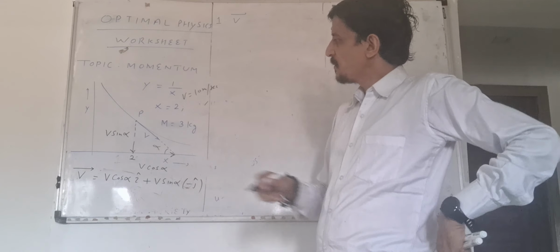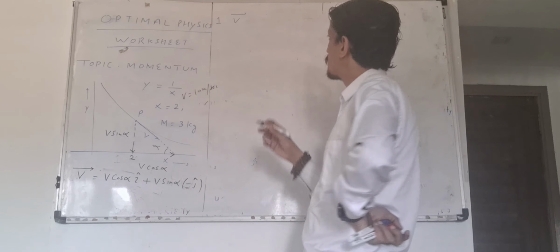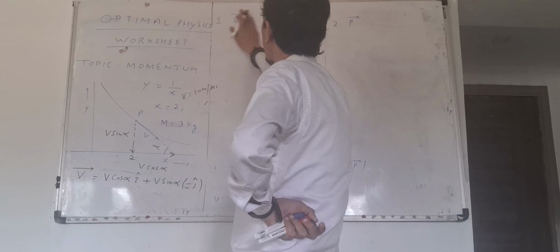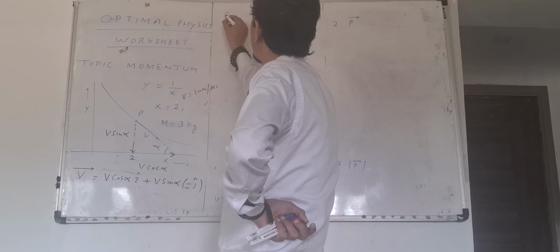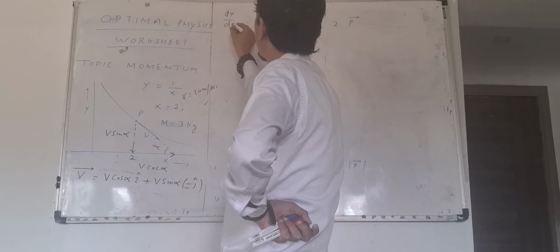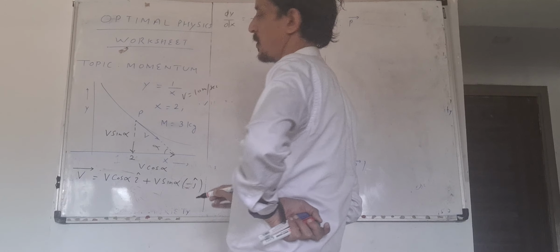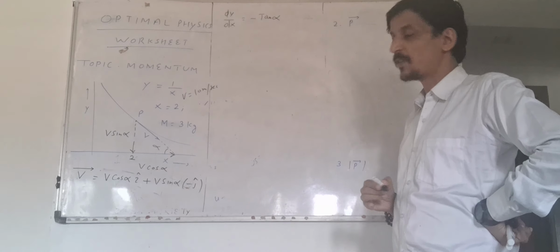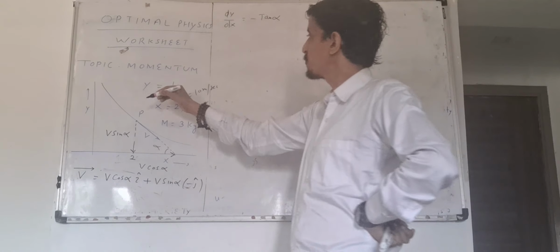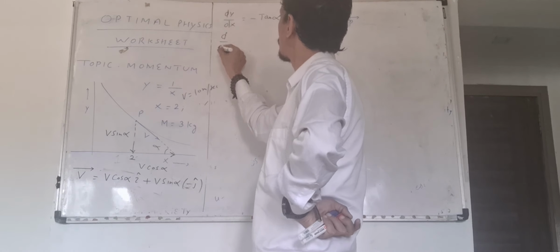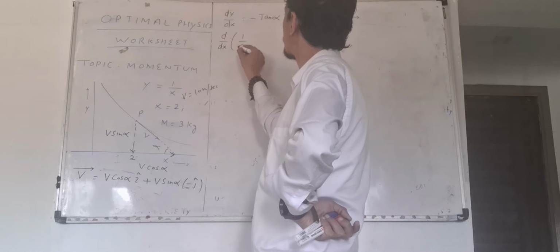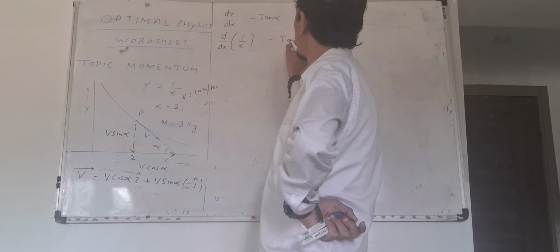Angle alpha can be found by the slope of the tangent. We know that dy by dx will be minus of tan alpha. Now y here is 1 upon x, so dy by dx of 1 by x is equal to minus tan alpha.